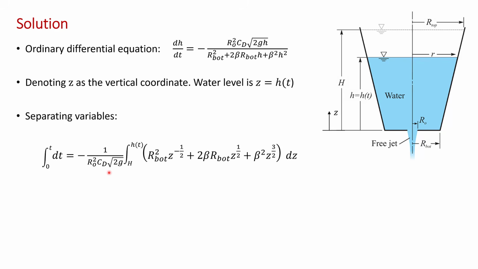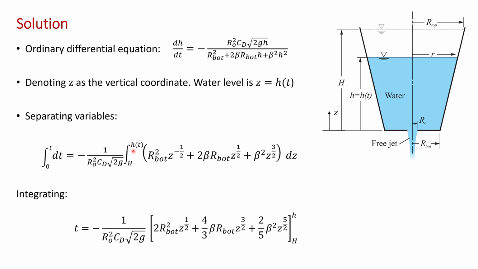Please check my algebra. I'm integrating both sides. The limits of integration are from 0 to t, and on the right-hand side at time 0, we have a water level of capital H, and at time t, we're looking for the level of the water, h of t. Integrating, we get this expression. You can check my basic calculus.